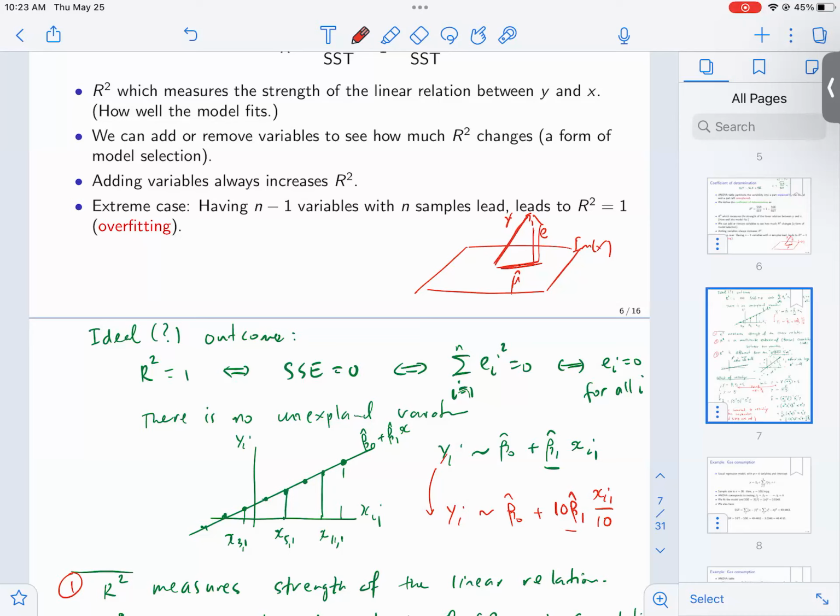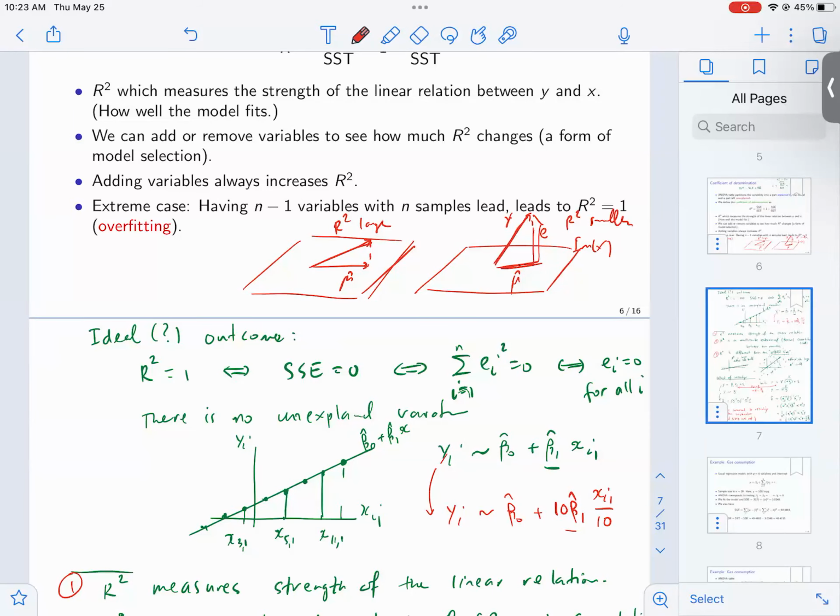The norm of mu hat squared is the SSR. So if the situation is like this, mu hat is close to the size of Y, so R squared would be large. Otherwise, R squared is smaller.